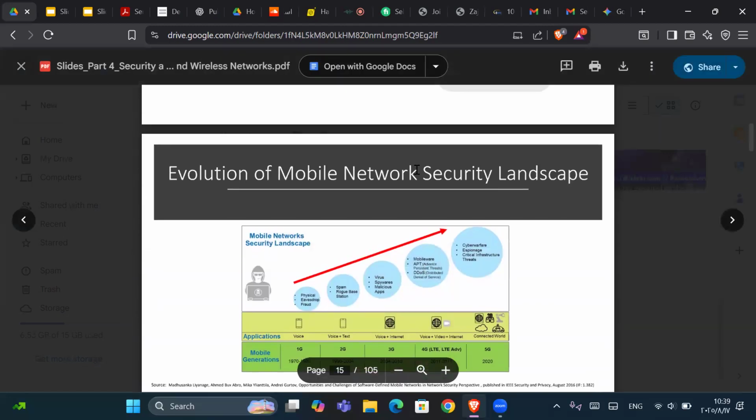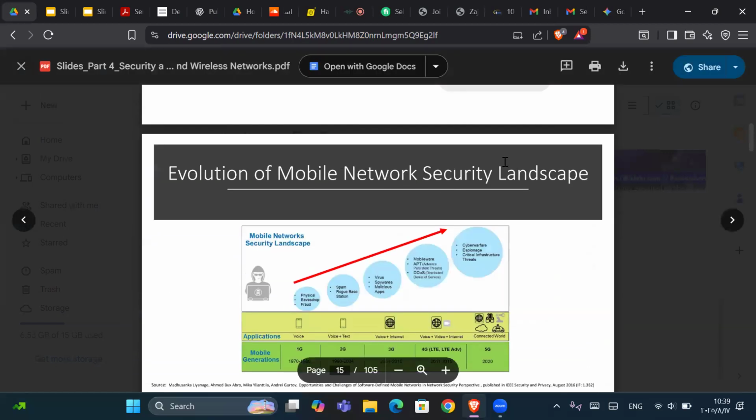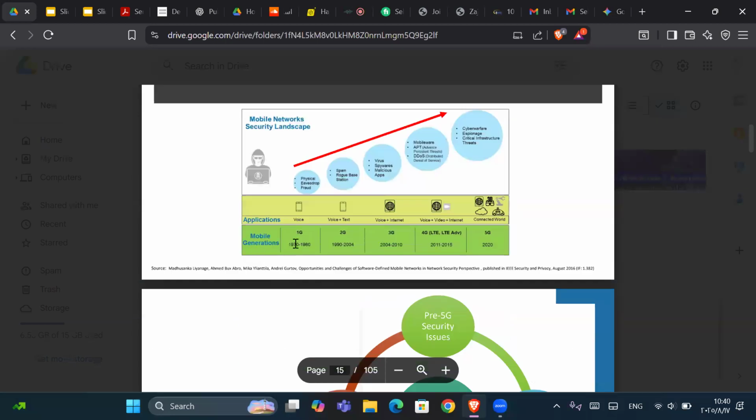Here, the evolution of the mobile network security landscape. Starting from this slide, we gave you an overview, and now we'll start talking about just the security landscape in 5G networks. We have the different mobile generations, like 1G from 1970 to 1980.